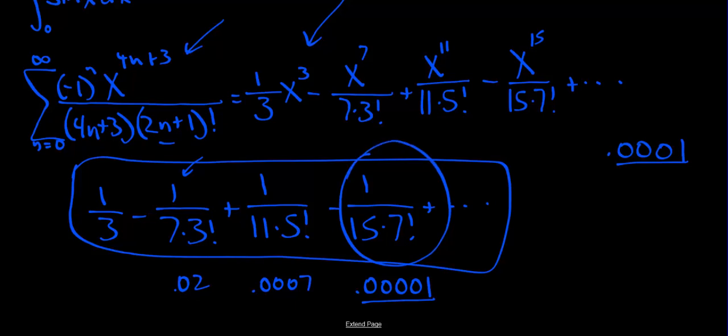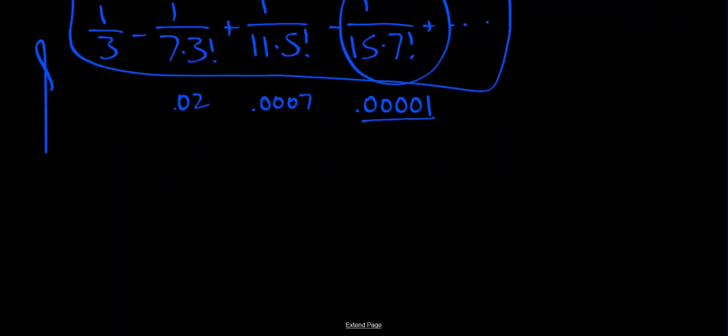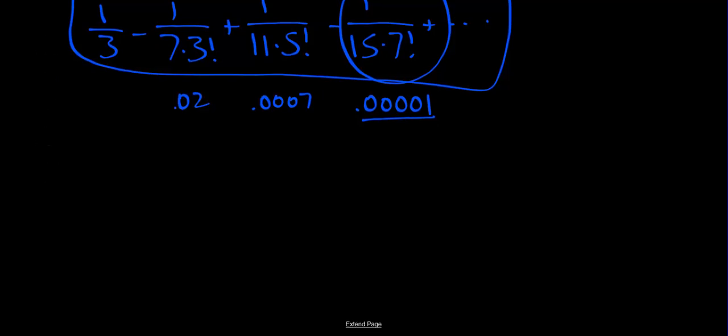So if I want to approximate that integral, here's what I'm going to do. I'm going to integrate from 0 to, so this is what it looks like. This is approximately equal to this thing.